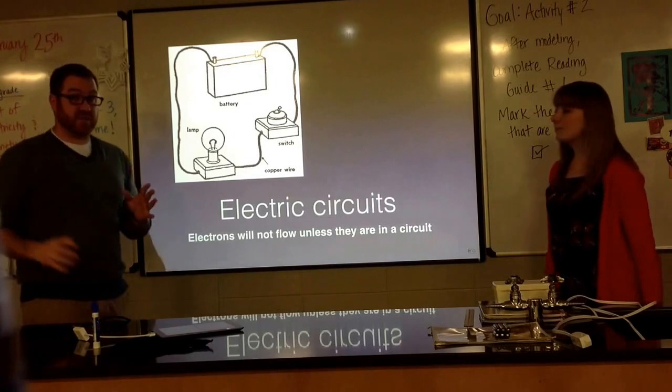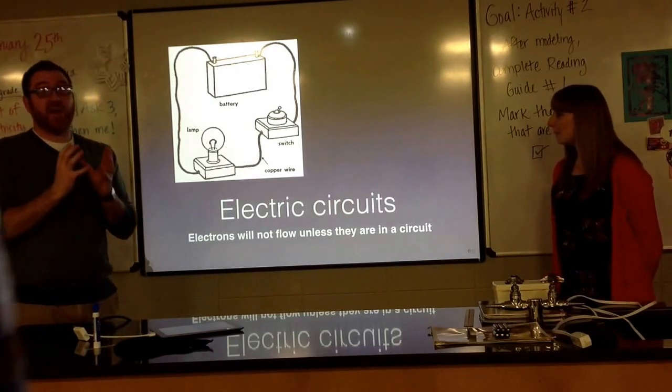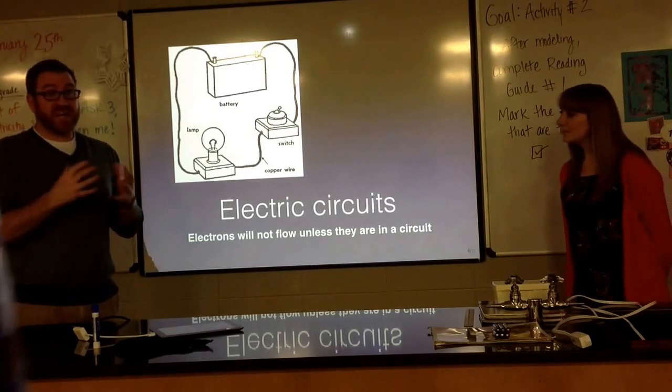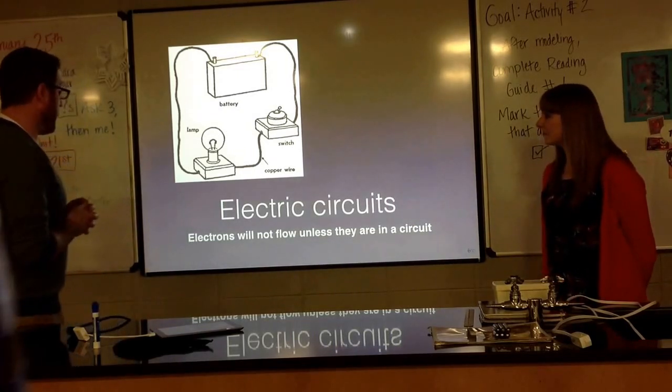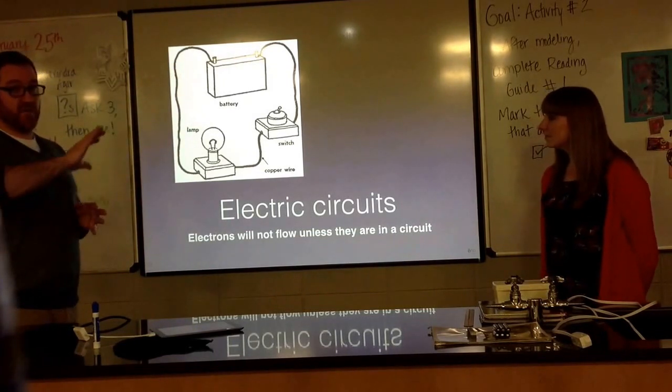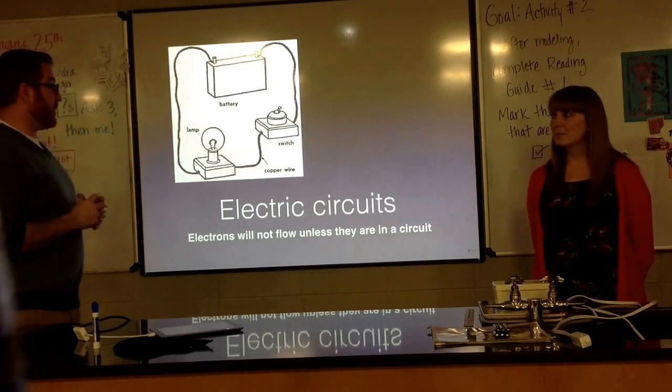All right, which brings us to the circuit. If we don't have a circuit in the proper order, we cannot get electrons to flow. Generally there are 3 different parts to a circuit, and we're going to get really deep into this in coming units.